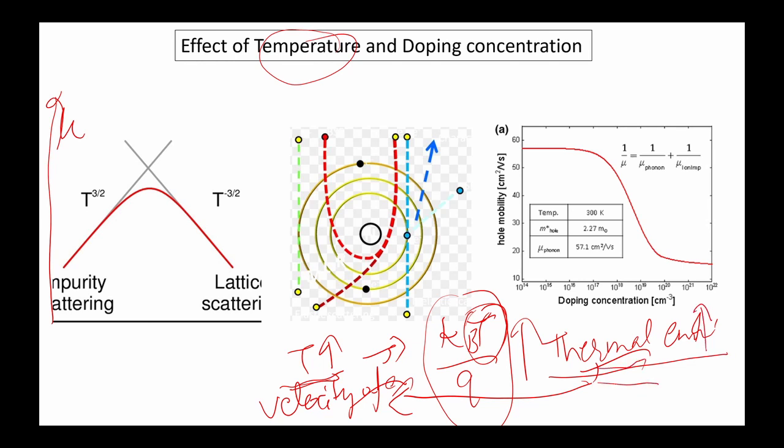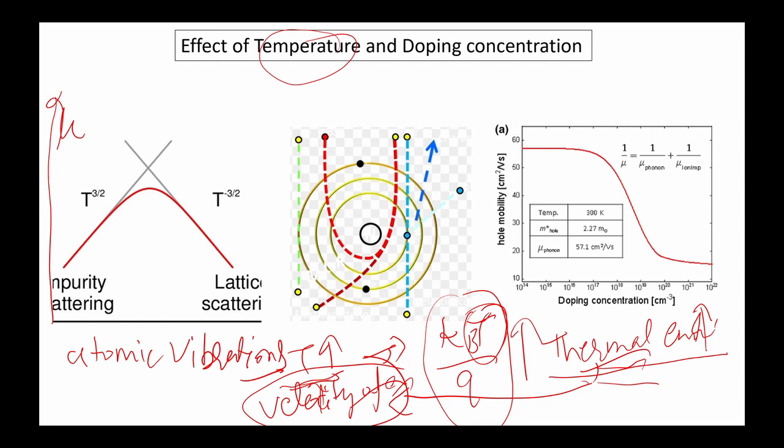The velocity of the electron will also increase, and another thing that will increase is the lattice vibrations, the atomic vibrations. Both will increase.